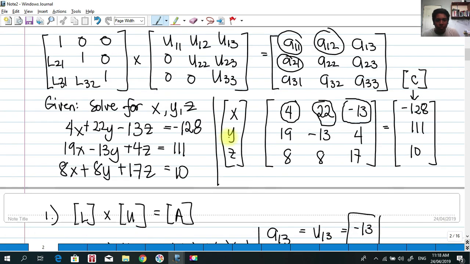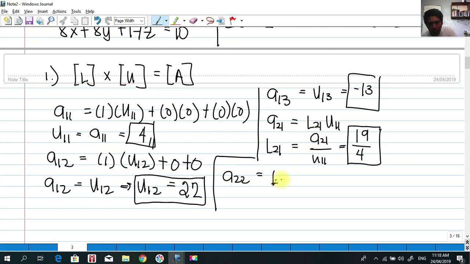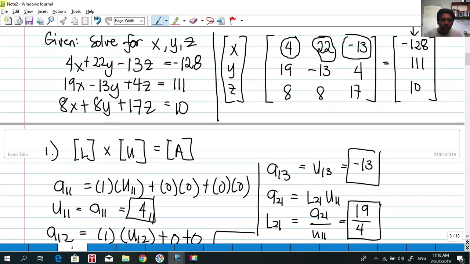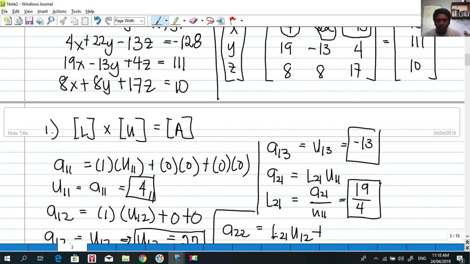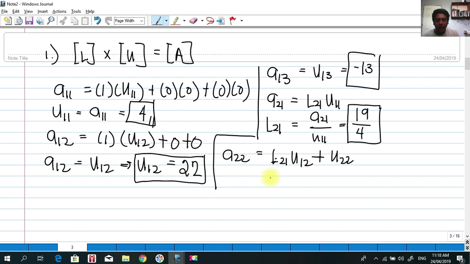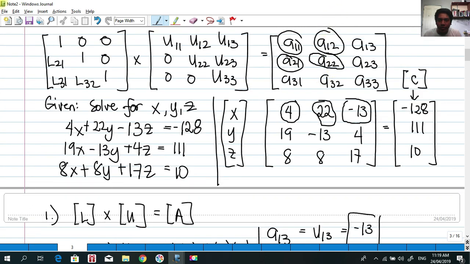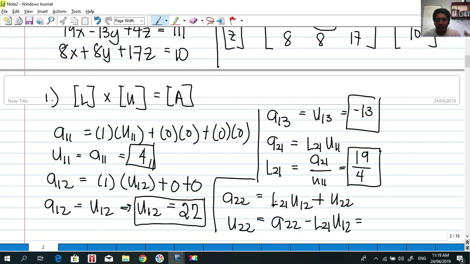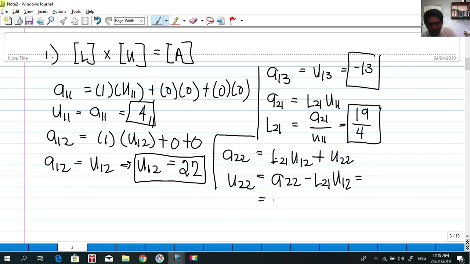So our unknown here is U22. We arrange the equation so that we can get U22, and U22 is simply A22 minus L21 times U12. A22 from our matrix is negative 13. So we have negative 13 minus L21, which is 19 over 4, times U12, and our U12 is 22.